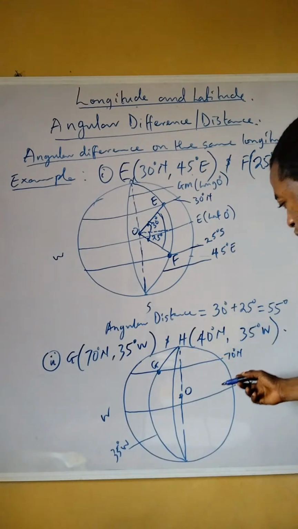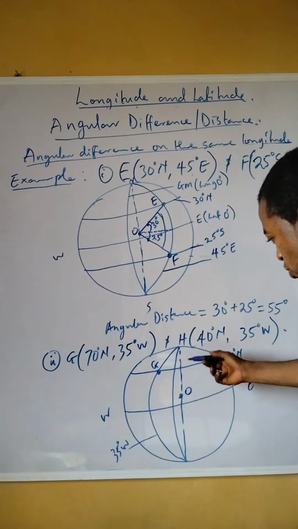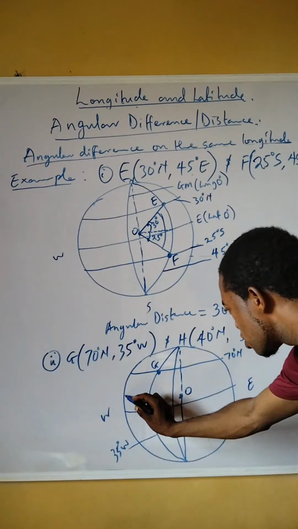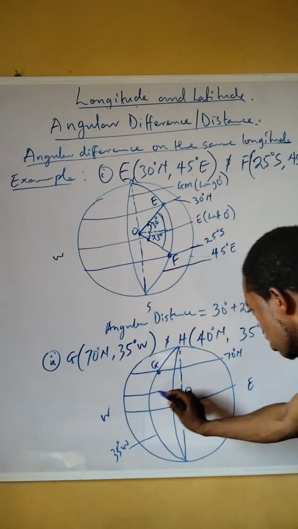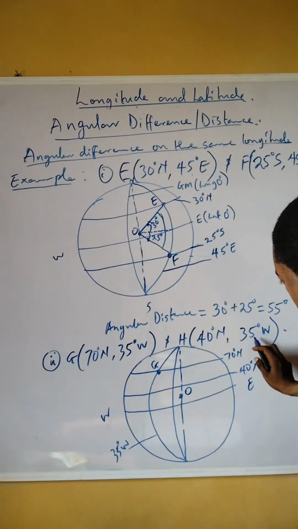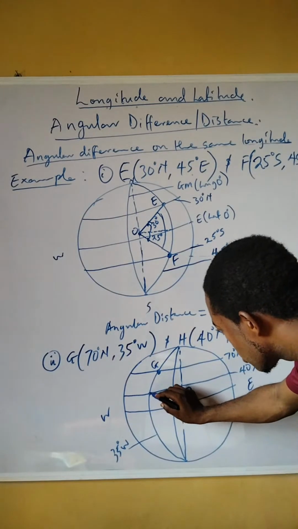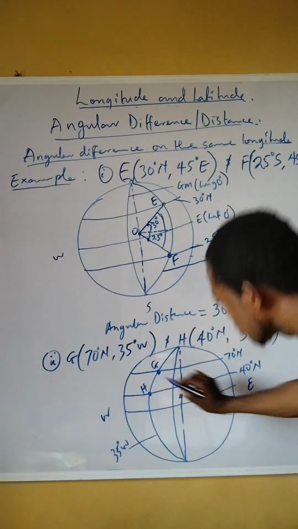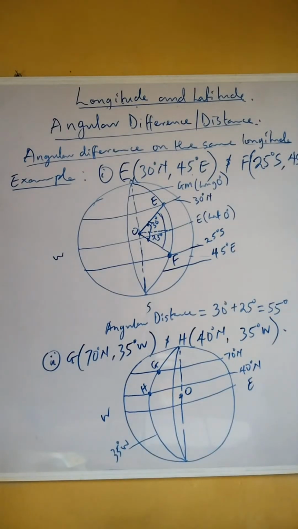So 40 degree, we are going from 0 upward. So it will come first before 70. So 40 degrees should be here, somewhere here, right? So this is 40 degree north. And where it meets with 35 degree west is here. So this is H.